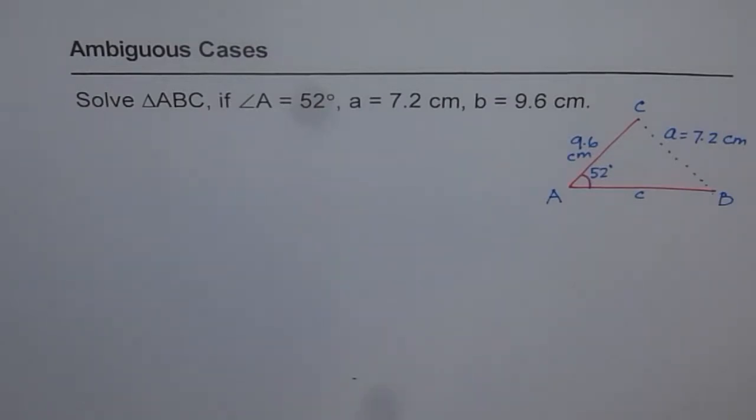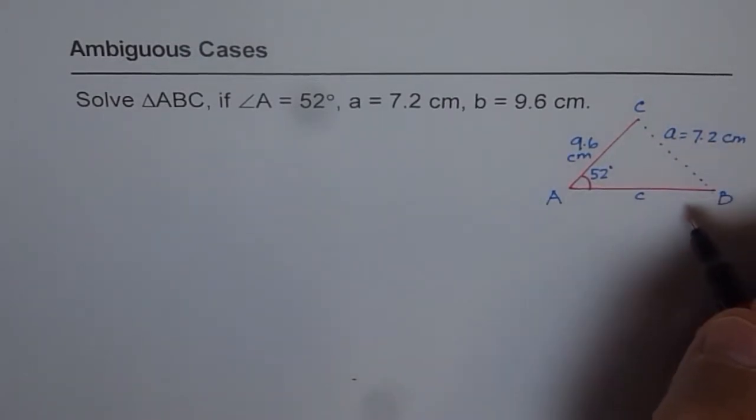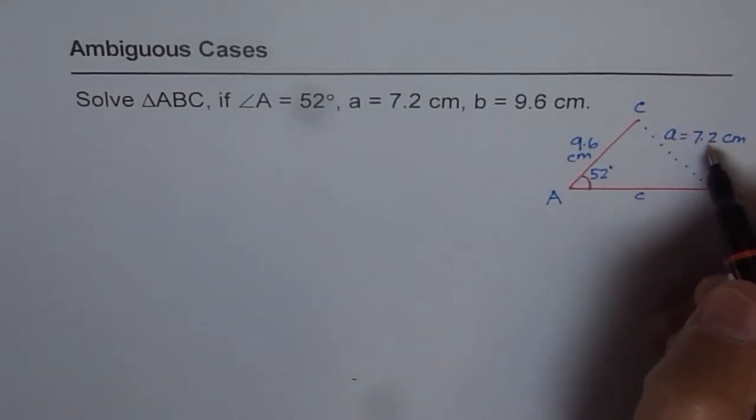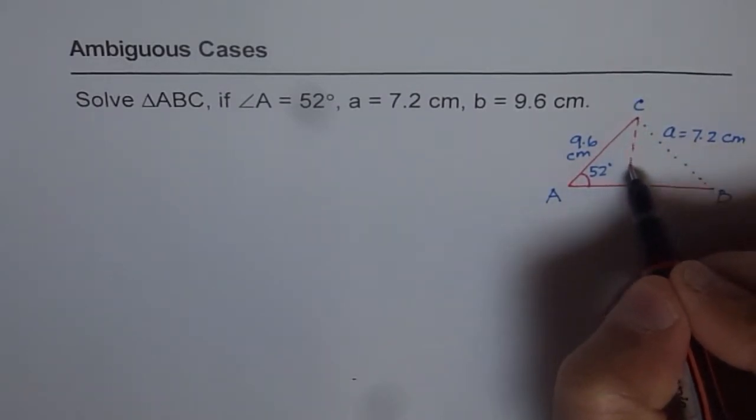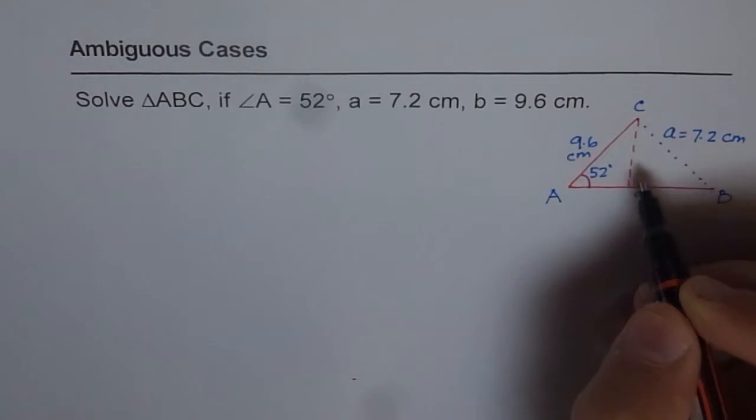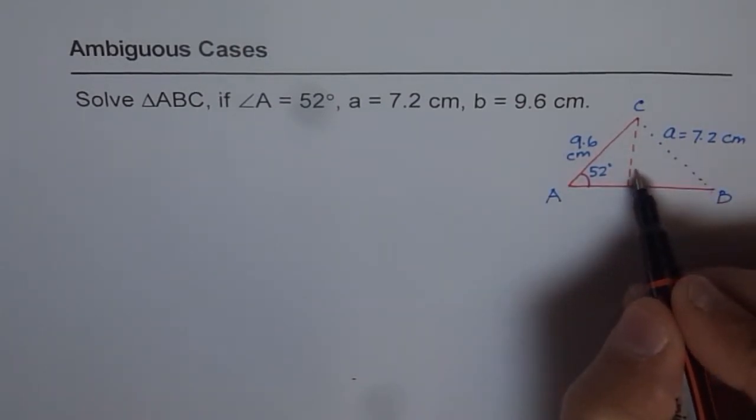Now, think like this: if side a forms a right angle triangle, what should be the height of the triangle? That is what we should consider first.